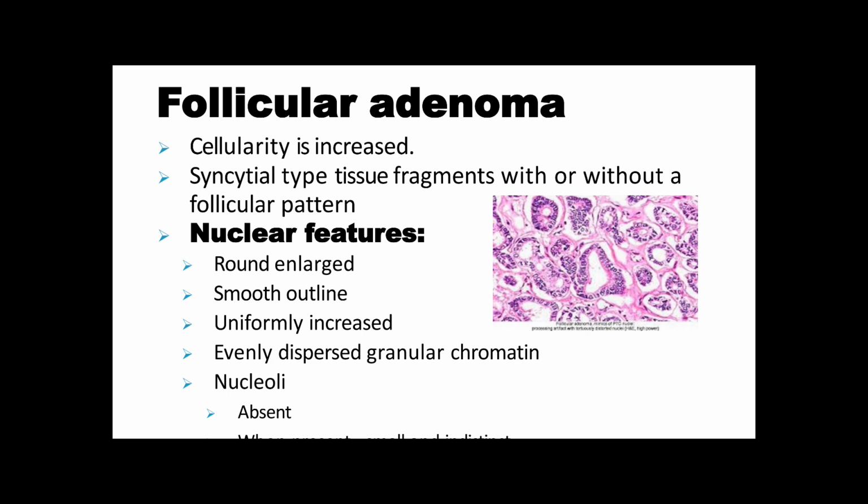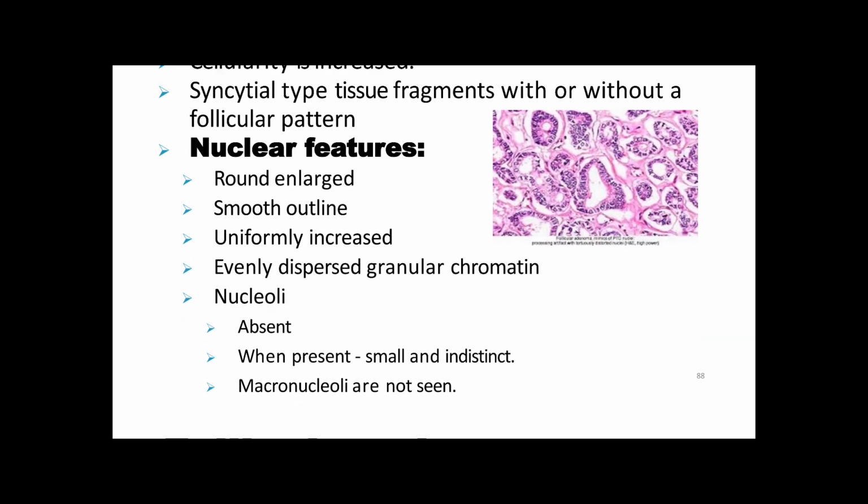Actually, this picture is explaining the tissue, right? Not a single cell. If it is enlarged, yes, you can see it very clearly, with uniformly increased nuclear size. Another feature is evenly dispersed granular chromatin, and nucleoli are absent.